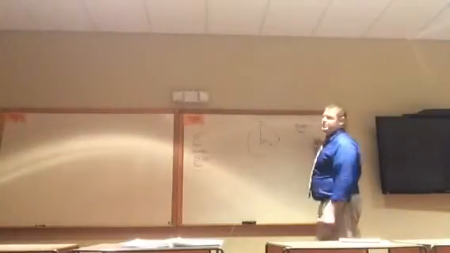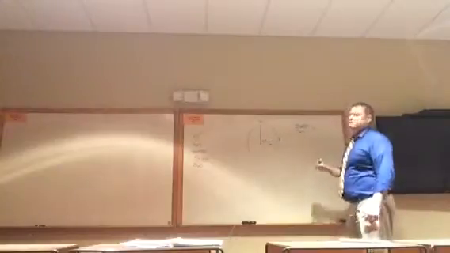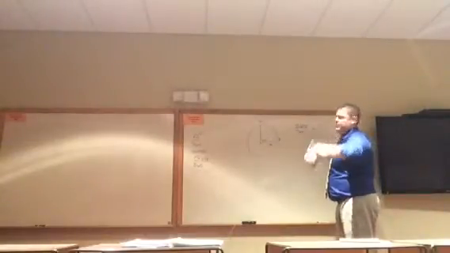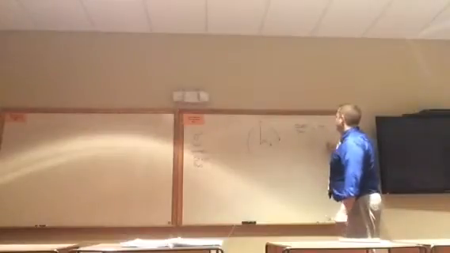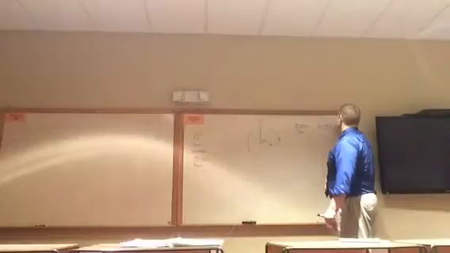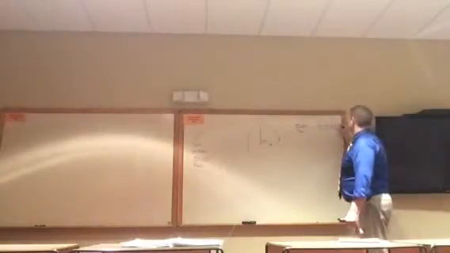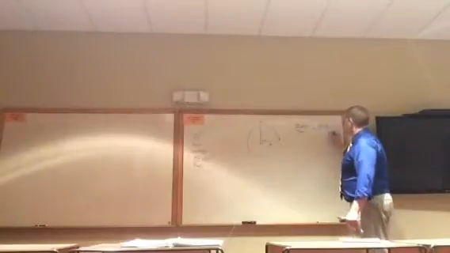So let's plug in. What's our theta, Jasmine? 110. Good. I hope you can read this. 110, put parentheses, and what is our radius, Tara? 12. Good. All over 360.